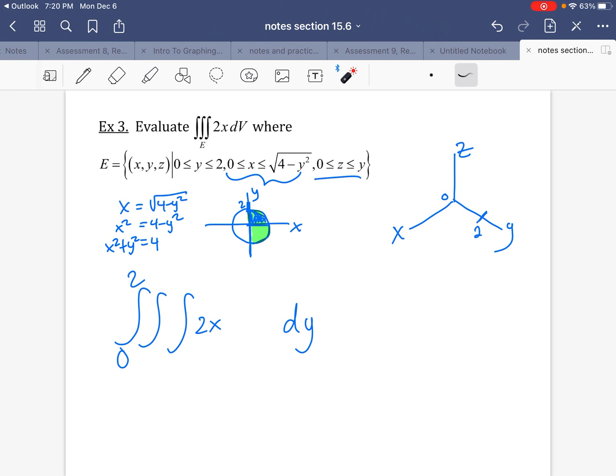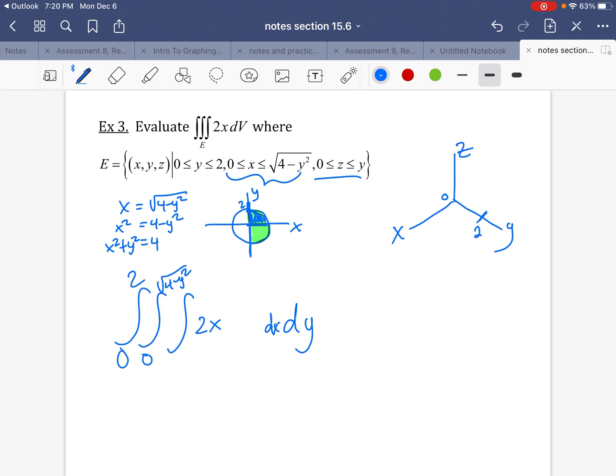So I think I'll put that next. All right, so x is from 0 to the square root of 4 minus y squared. And then on the inside, that'll be my dx, and that just contains y, so that's fine.